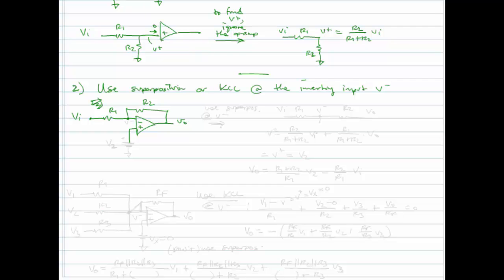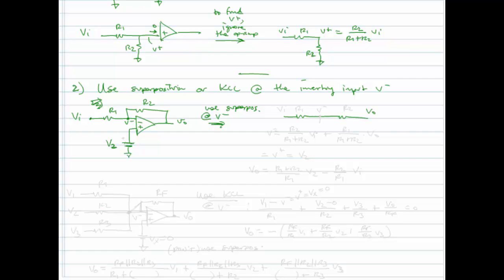And we'll say, in this case, let's just say V plus is at V2 here. Find VO. In this case, I would recommend to use superposition at V minus. So you redraw this.